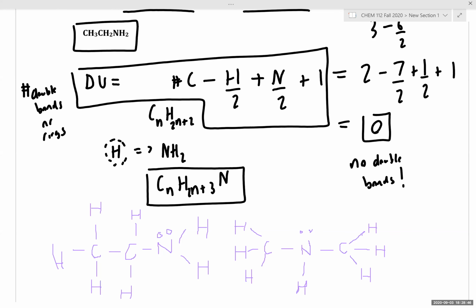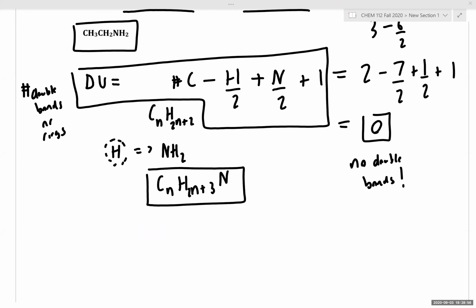Yep, that looks perfect. So these are the two possible constitutional isomers. So let's clear these annotations and then I'll provide the instructor solution.